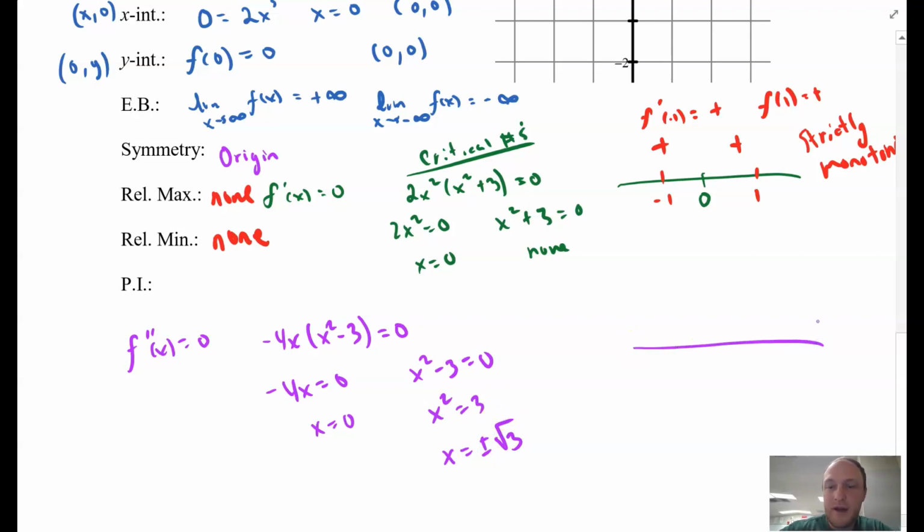So here is my sign analysis line. This is f double prime. And sorry, I want to make sure I label this. Here is f double prime. Okay, and I have -√3, 0, positive √3. Okay, and we're going to go ahead and do some sign analysis with this.